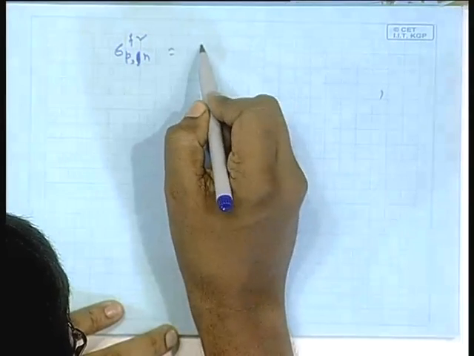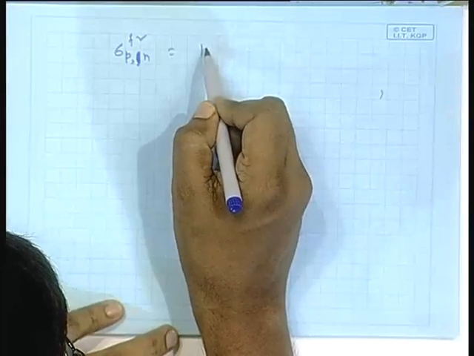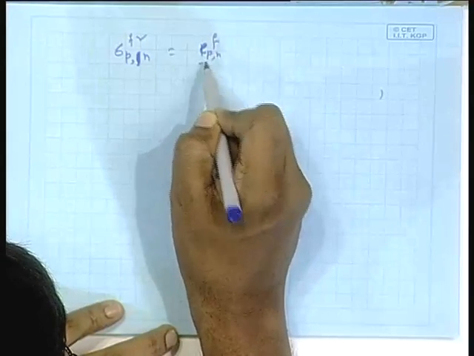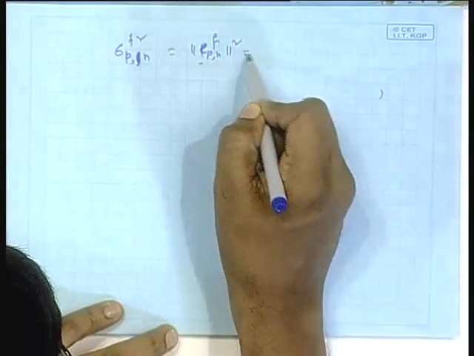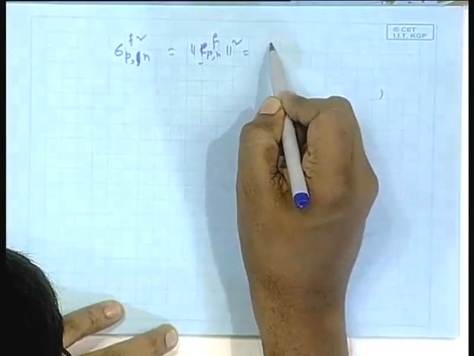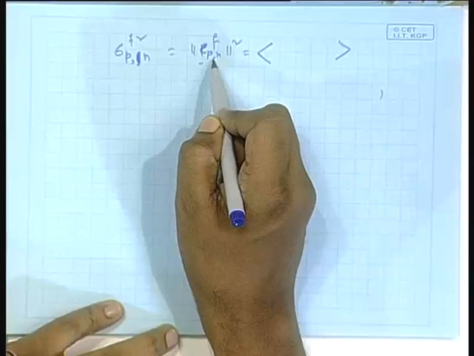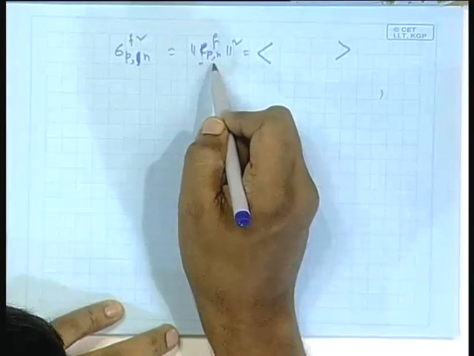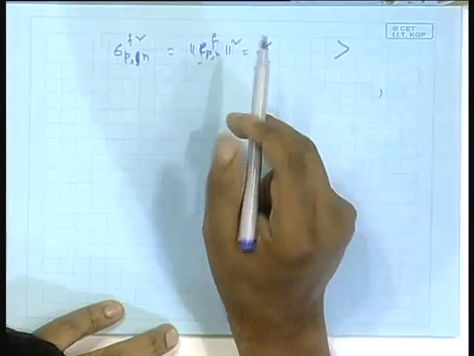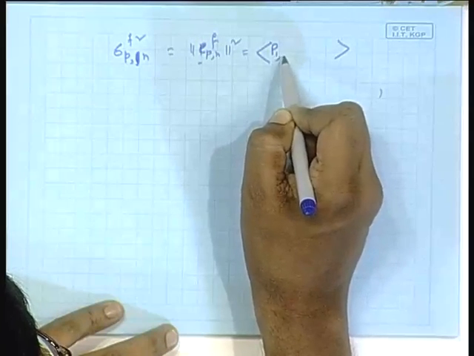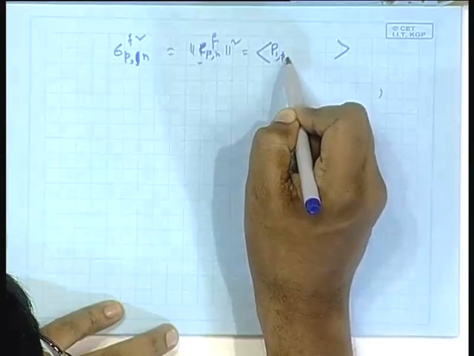Just for your sake I am writing down, this is your E p n f norm square, that means inner product with itself, and E p n f means P 1 P n perpendicular x n.